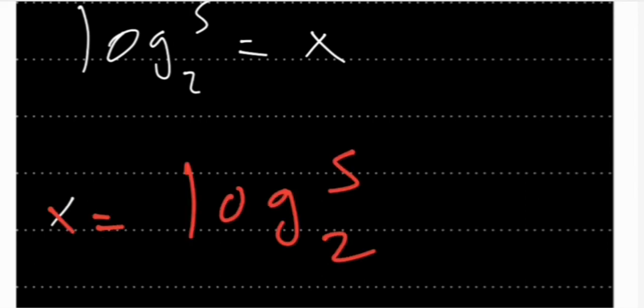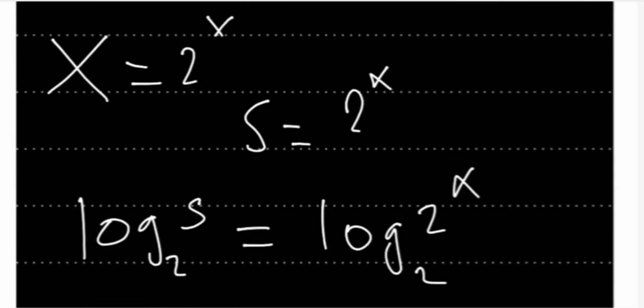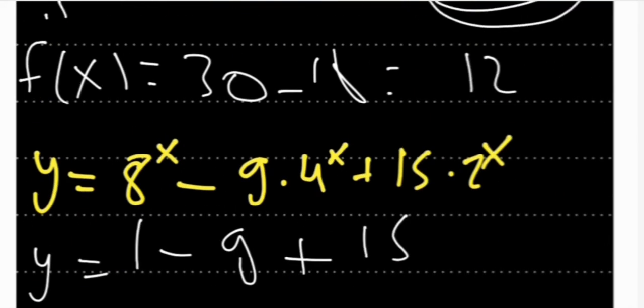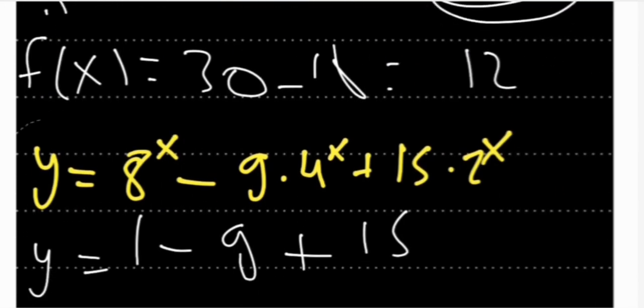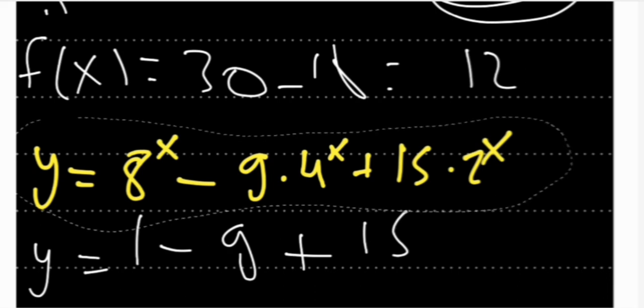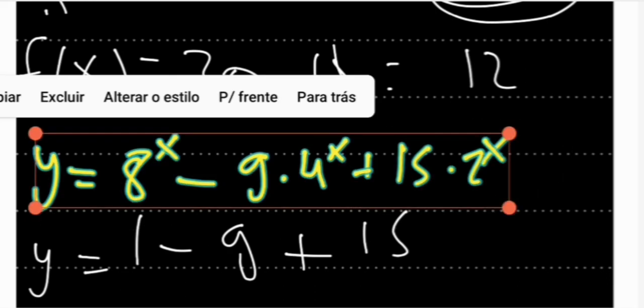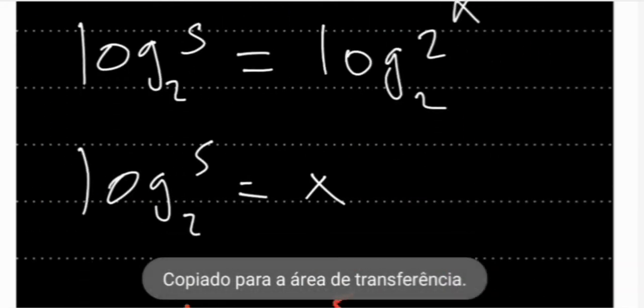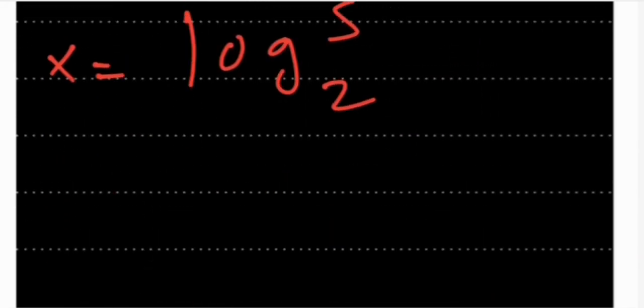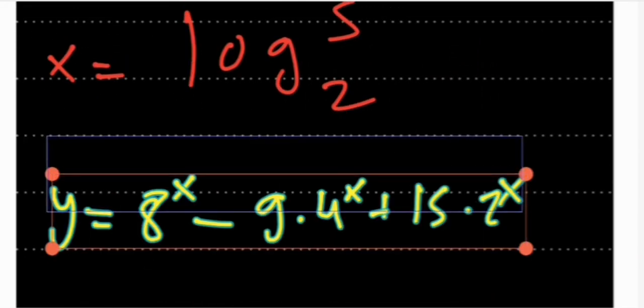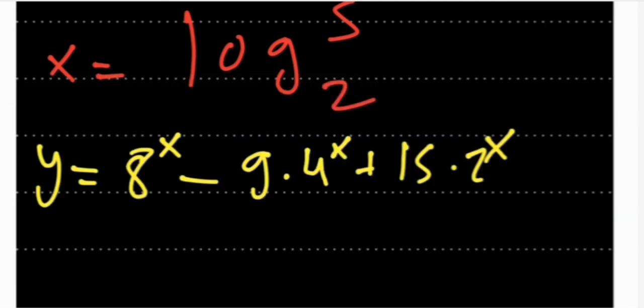Now we need to find the global minimum, right? How can we find it? Well, it might not seem a good idea, but we are going to copy this and we are just going to put the value of small x minimum, log of 5 in the base of 2.